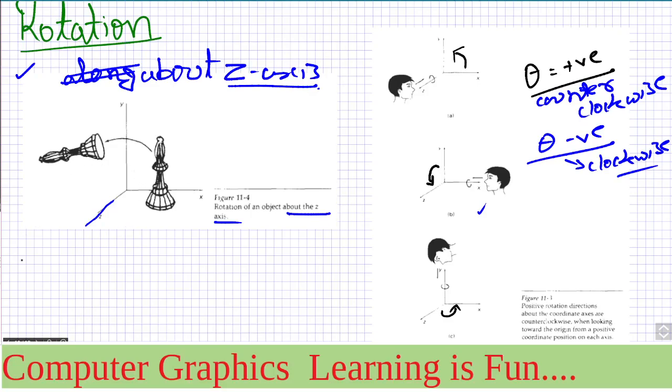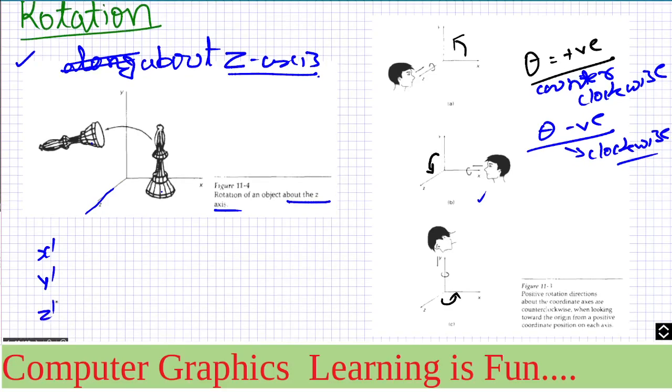Here you can easily understand, for a pixel, if it is rotated by a certain angle theta, what will be the new position x dash and y dash? Definitely z dash is the same, z is not changing. It means how far it is from the xy plane, it is remaining at the same distance. So z dash is z only.